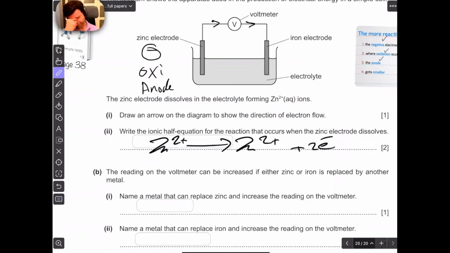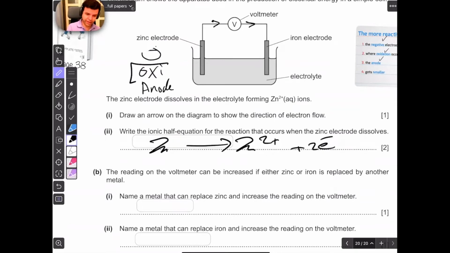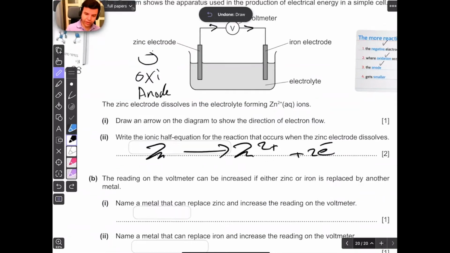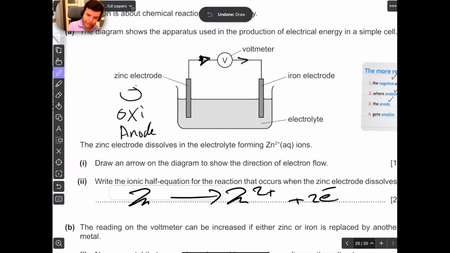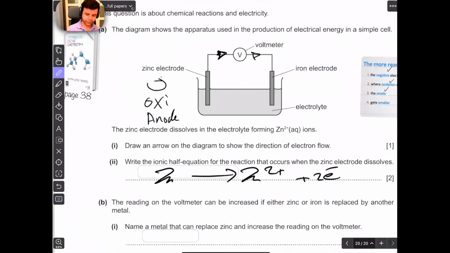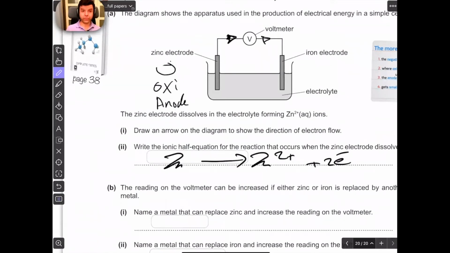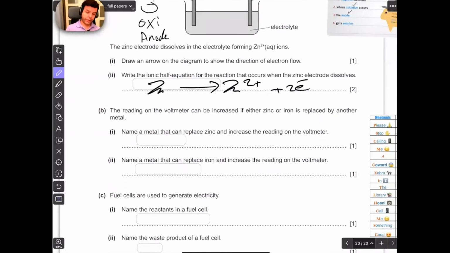Zn gives Zn2+ plus 2e-. Yep. So zinc gets oxidized, gives those electrons. Those electrons travel in the wire and they get to the iron. The zinc is a solid, and the Zn2+ is aqueous. Very good. That's why it decreases in size. Very good, Harren.